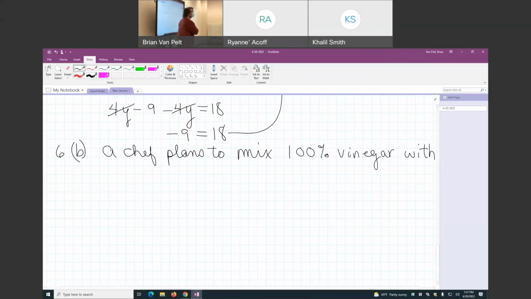Salad dressing in my notes. I use the letter S, but it's Italian dressing.